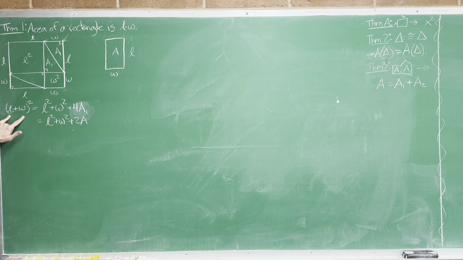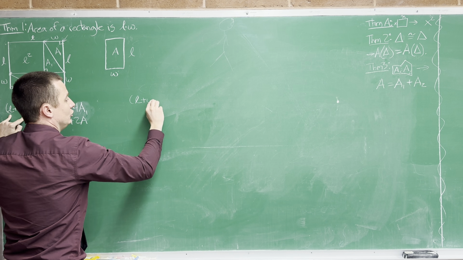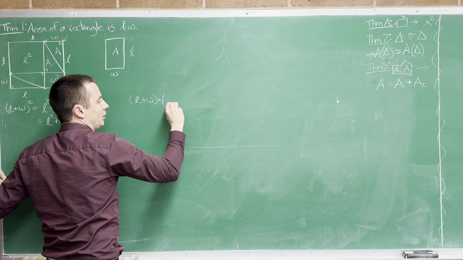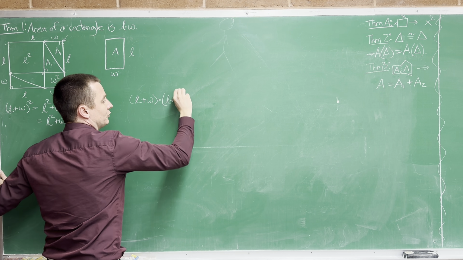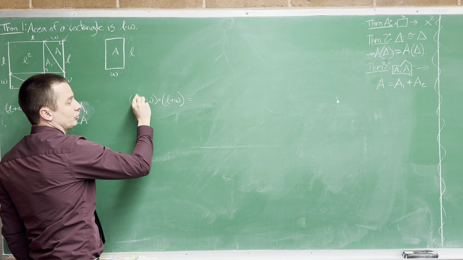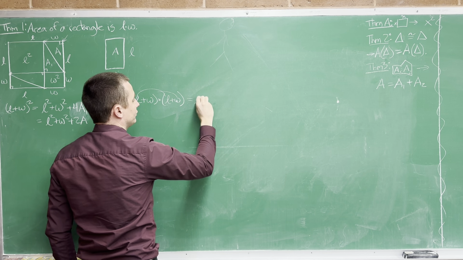Expand over here. Do you know how to expand out two terms squared like that? Yeah. It's L squared. Let me write it very explicitly, just in case. L plus W squared is L plus W times L plus W. Yep. That's what we mean by L plus W squared. How do you multiply this out? You distribute the L to both terms. L times L is L squared.